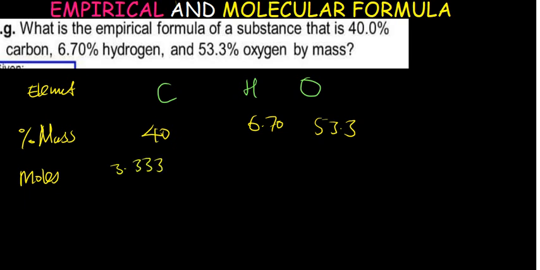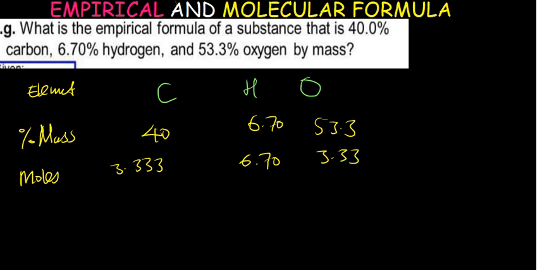And then this 6.7, we're going to just divide it by 1 since the mass for hydrogen is 1. If you want, you can use 1.008. It will just give us the same 6.70. And then for oxygen, 53.3 divided by 16. That is also going to give about 3.33.